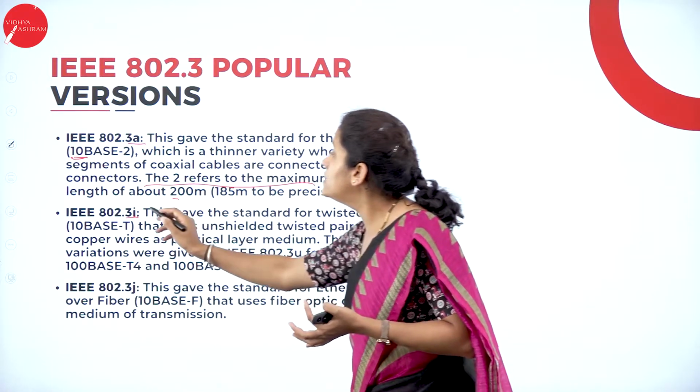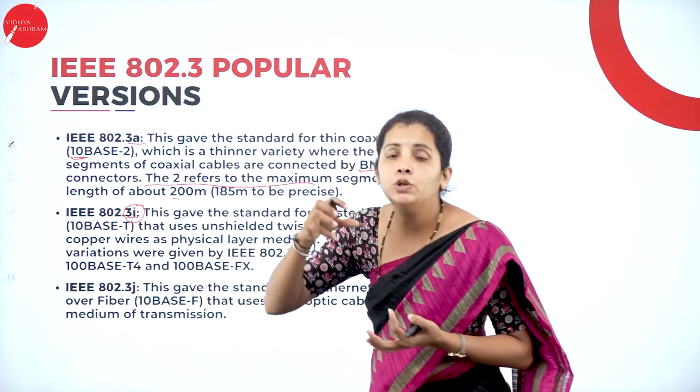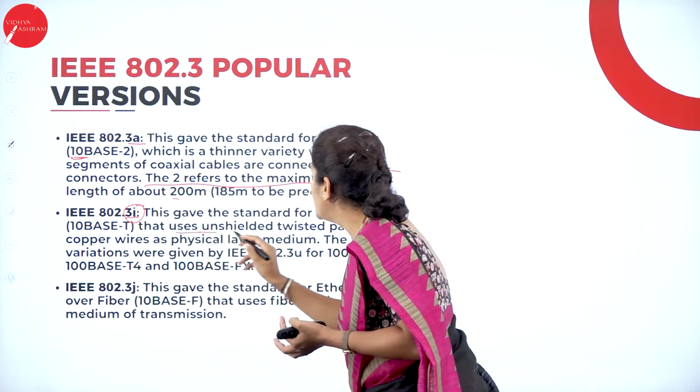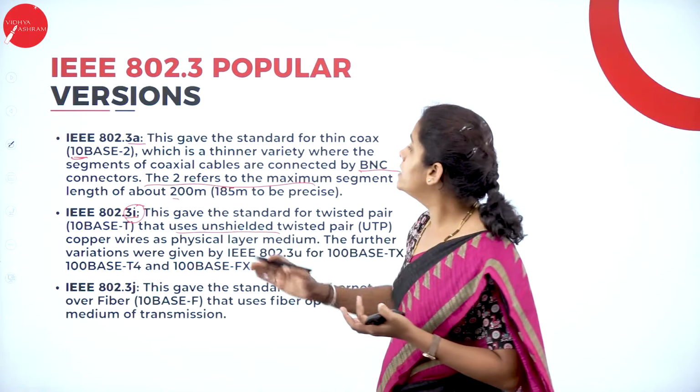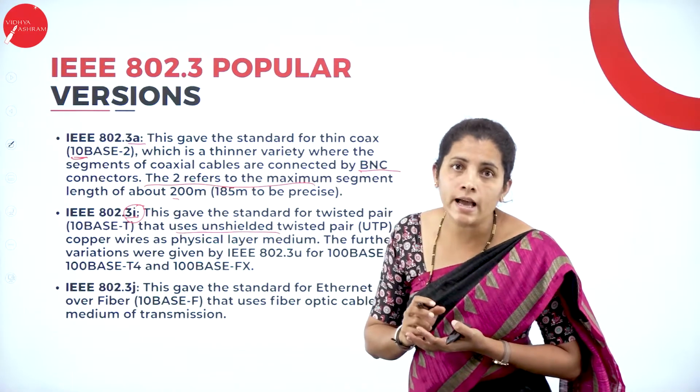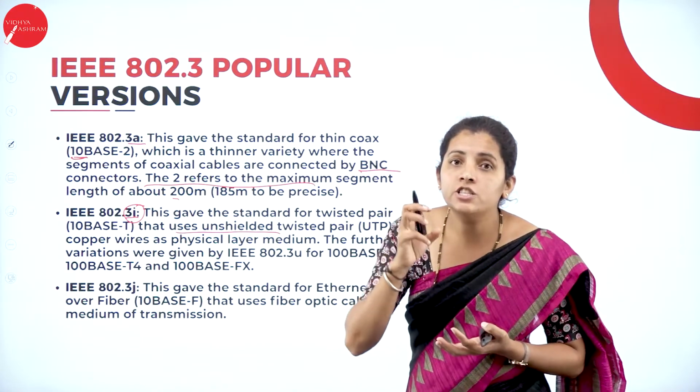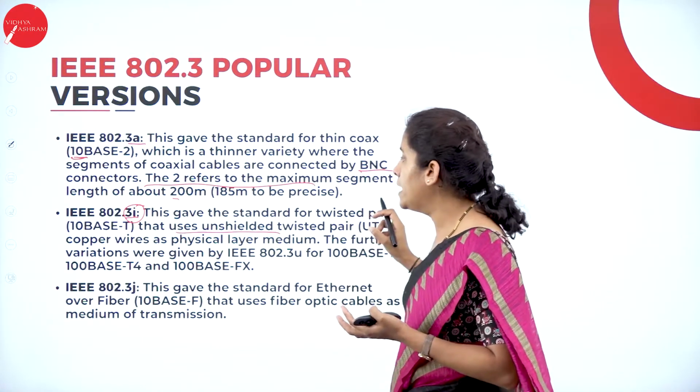But here 3i indicates that it is going to use unshielded twisted pair cable.